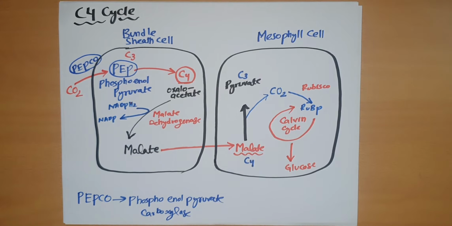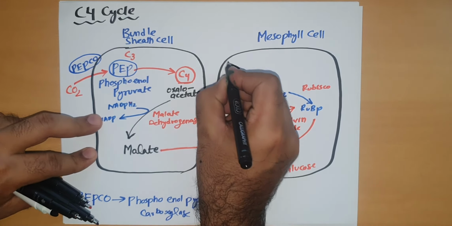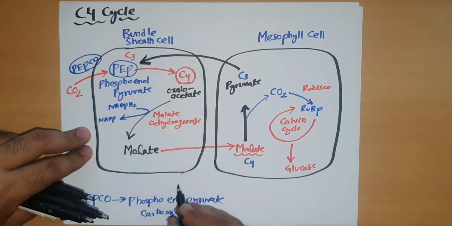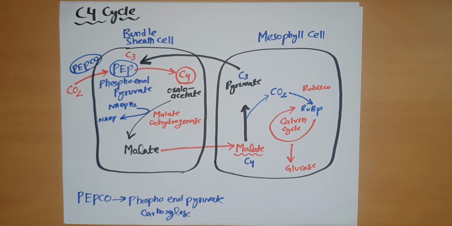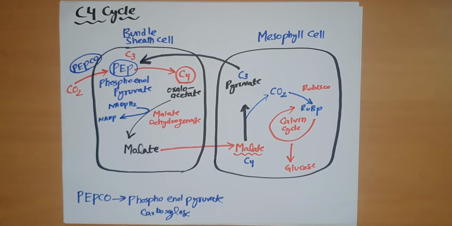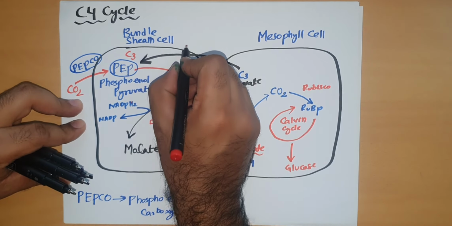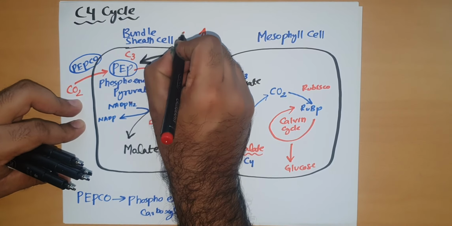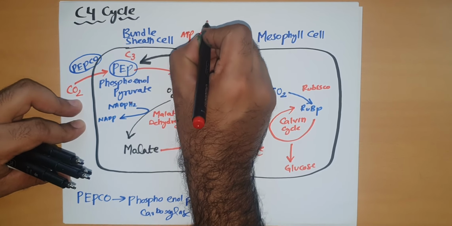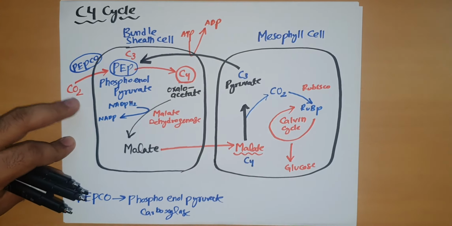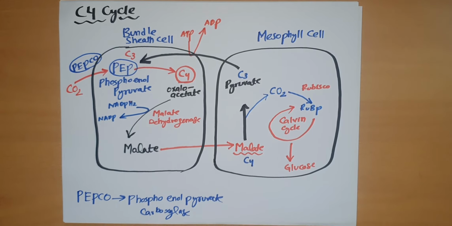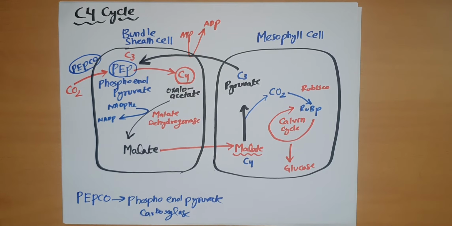This pyruvate changes back into phosphoenol pyruvate. This pyruvate first enters back into the bundle sheath cell and then changes back into phosphoenol pyruvate, and while changing from pyruvate to phosphoenol pyruvate, one molecule of ATP breaks down to form a molecule of ADP. Now this is how this cycle is completed.